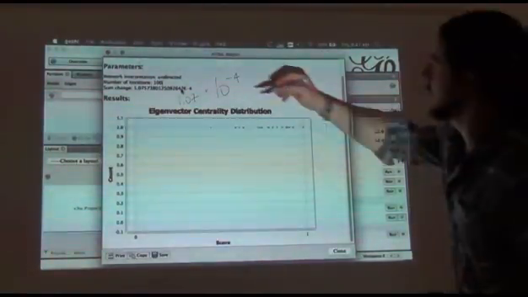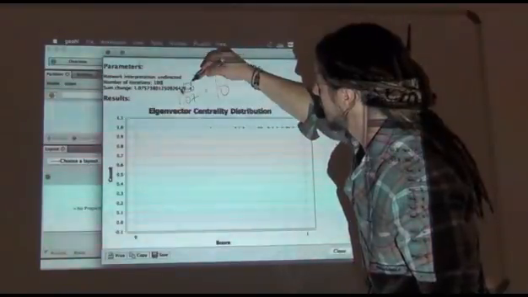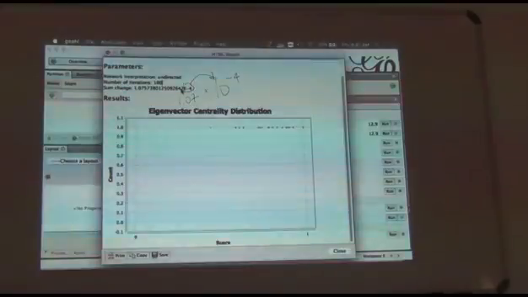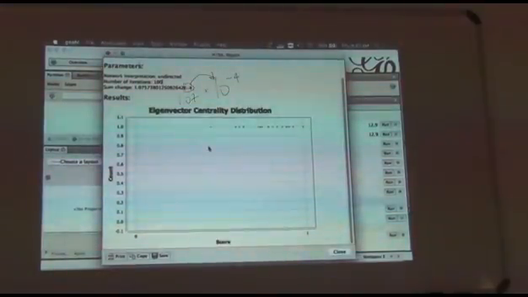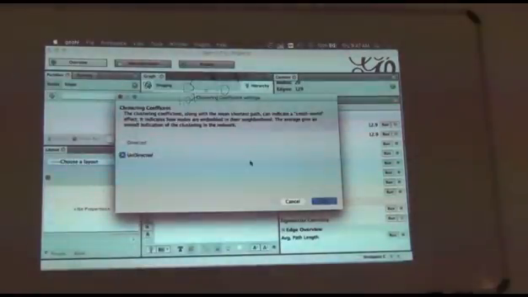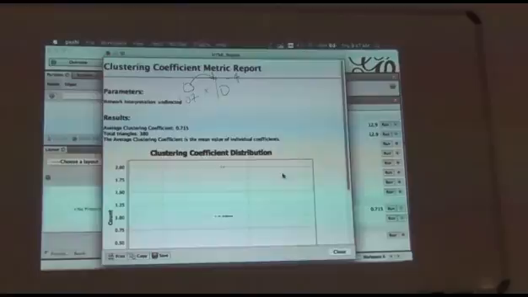This is what this means. Or average clustering coefficient, and so on.